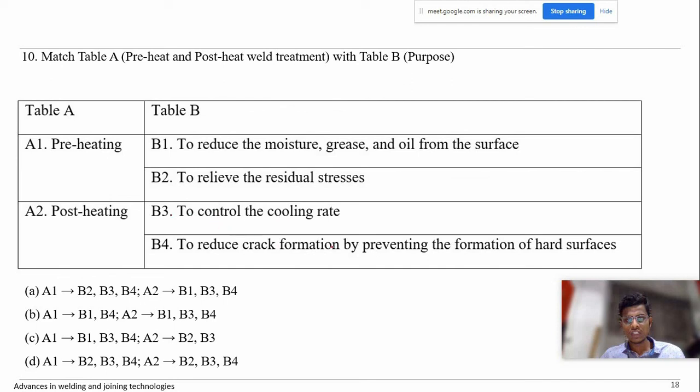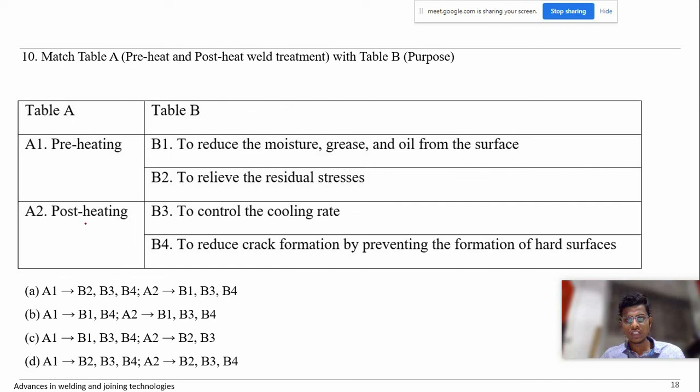And with the help of preheating, we can reduce the temperature gradient and all. So we can reduce the crack formation and so on. So B1, B3, B4 are related to preheating.